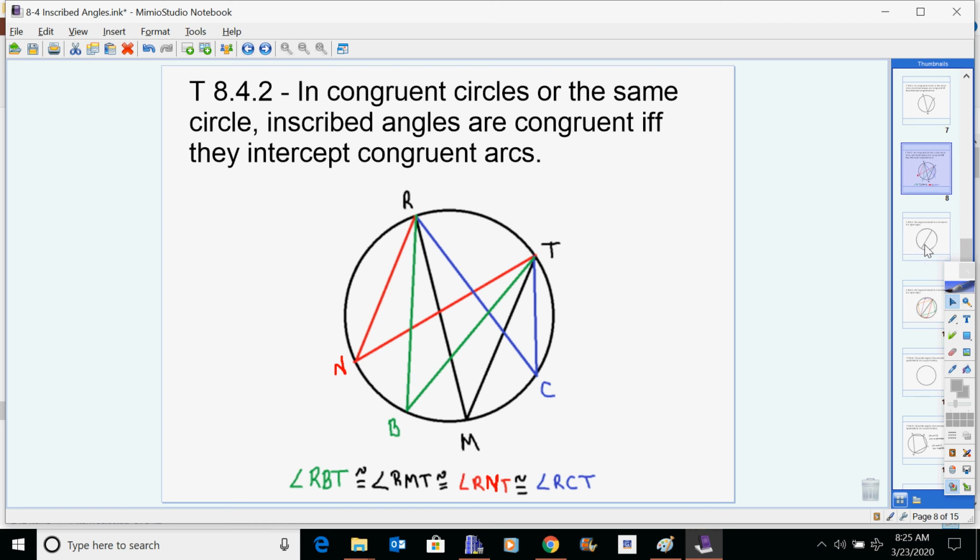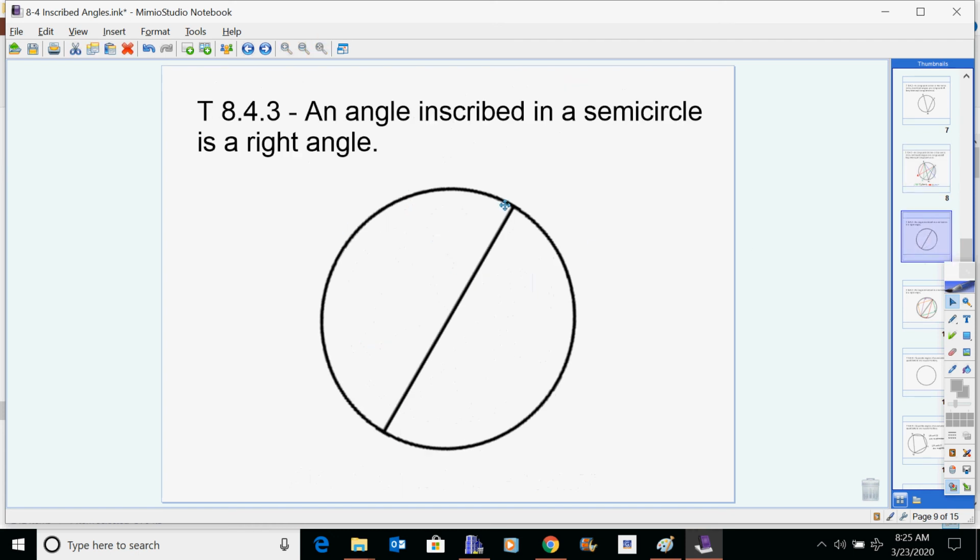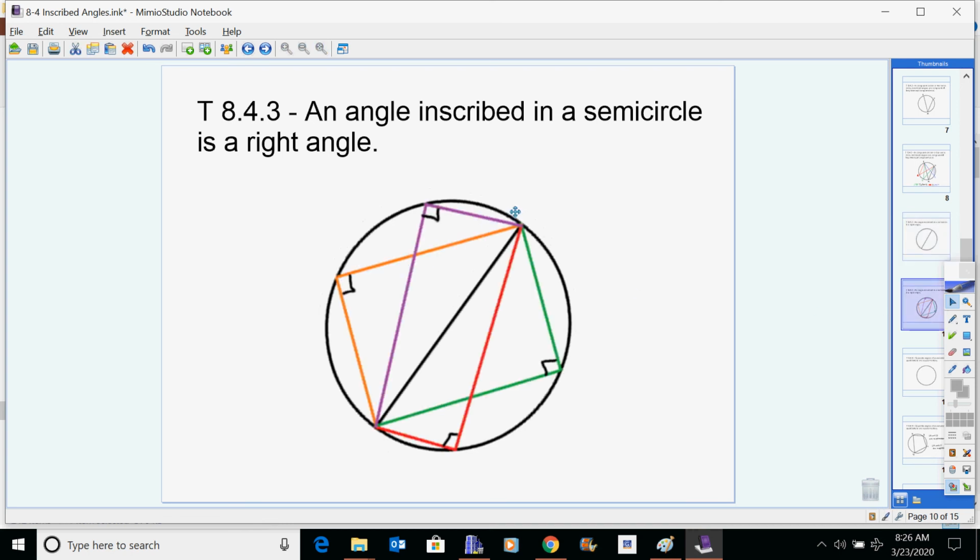That is also the case where you have a semicircle. Semicircle, remember, is made when you go through the center of the circle. So an angle inscribed in a semicircle would always be half of 180 degrees, which would mean that every time you draw an inscribed angle that starts and ends on the edges of the diameter, you would get 90-degree angles over and over again.